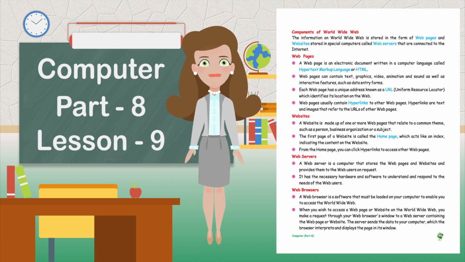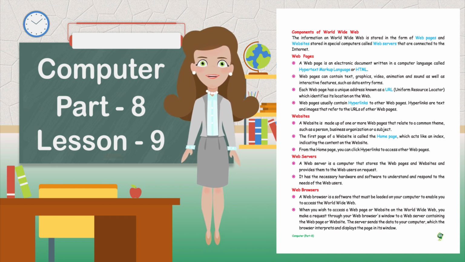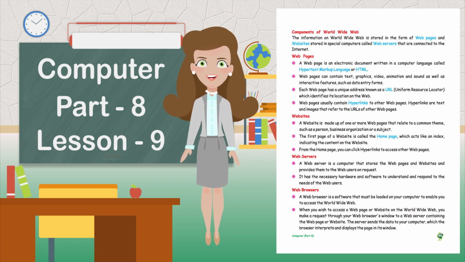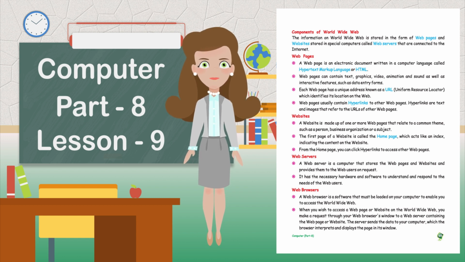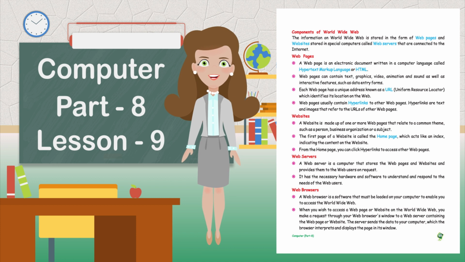Web pages can contain text, graphics, video, animation, and sound, as well as interactive features such as data entry forms. Each web page has a unique address known as a URL, Uniform Resource Locator, which identifies its location on the web. Web pages usually contain hyperlinks to other web pages. Hyperlinks are text and images that refer to the URLs of other web pages.